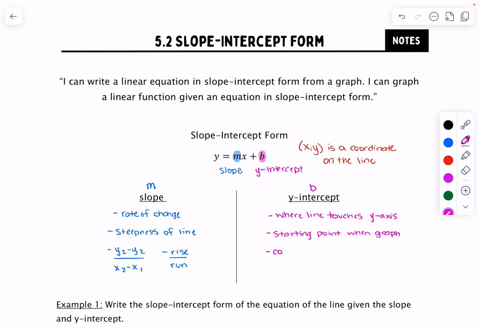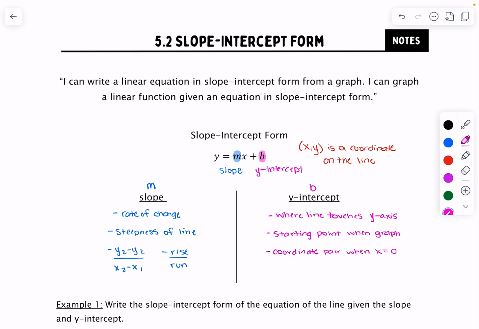And it's also the coordinate pair when x equals 0. So we can define it in a lot of different ways, and I'm expecting that we know all of these different ways as we go through this whole unit together. Not just this lesson, but the whole unit will be coming back to this idea of slope and y-intercept.